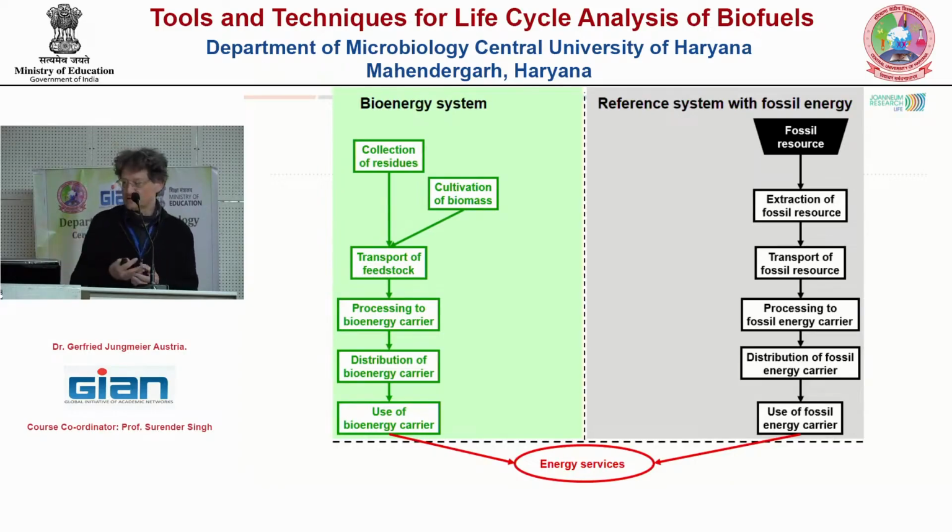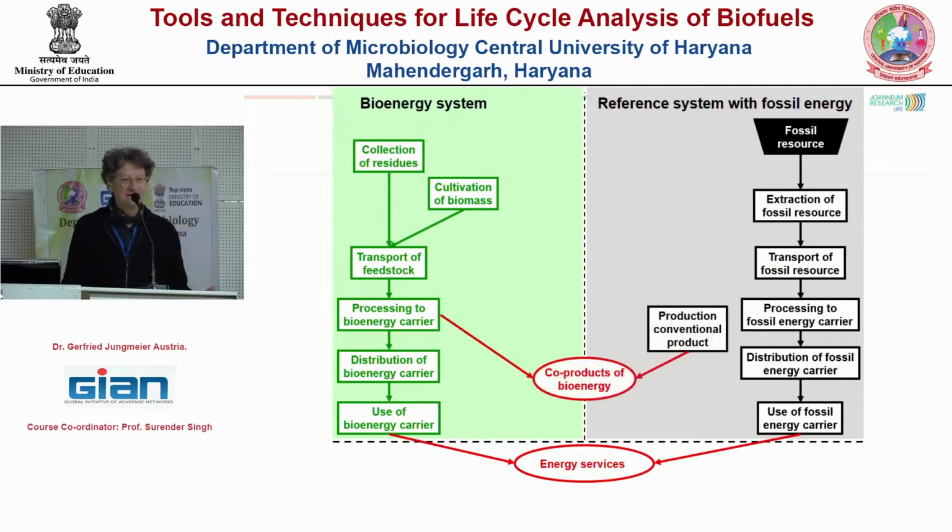And the fossil system, at first glance, has more or less the same processes, also transportation, conversion, use, and distribution. But for the biomass, we've seen we have these co-products, and these co-products somehow must be assessed in the overall system boundary.